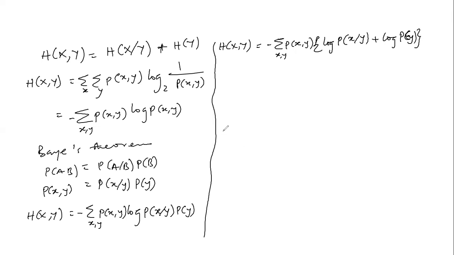Everything is still the same thing. And recall there's a negative parameter here because we equated into this expression. So now if we expand this, then we are going to have negative sigma P xy log P of x given y, and negative sigma xy P of xy log P of y. Okay? Are we clear? Is this okay?